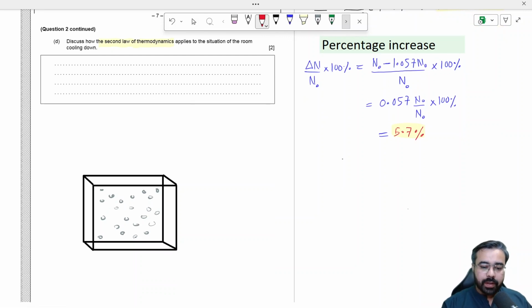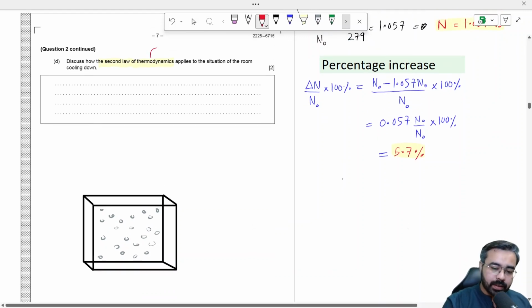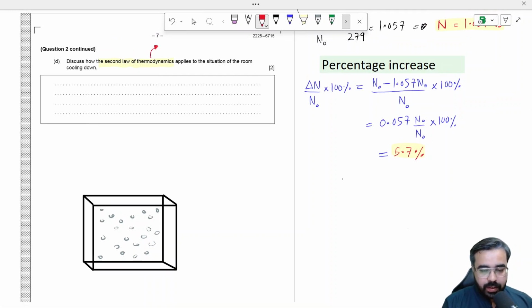Because one definition of the second law of thermodynamics says that all natural systems, all natural processes flow in such a direction where the net change in entropy, meaning the change in entropy of the system and the change in entropy of the surrounding, is bigger than zero, is positive.